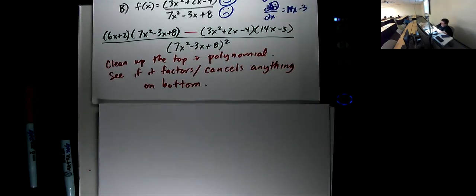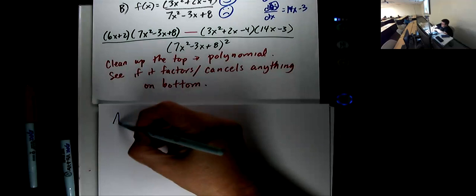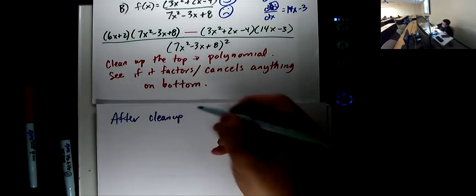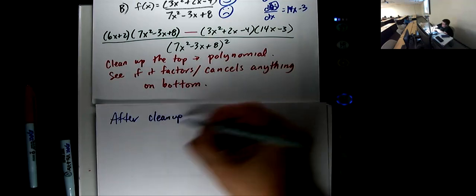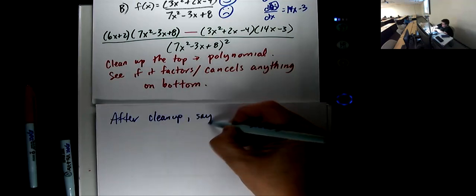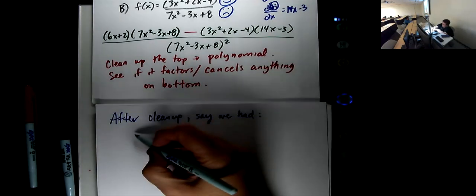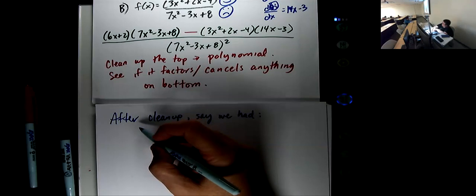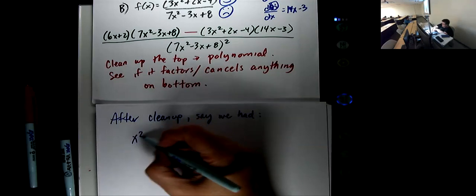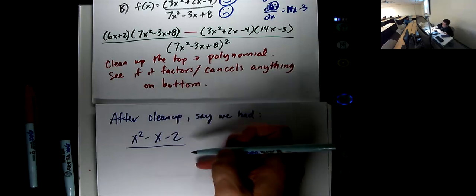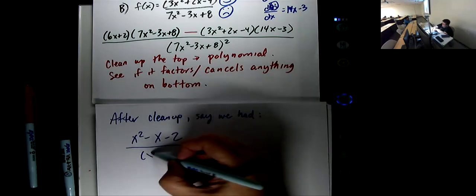Let's say after cleanup, this is going to be a completely different problem, I'm going to do something similar. Let's say x squared minus x minus 2 is what's left on top, and let's say we have x plus 1 squared here.